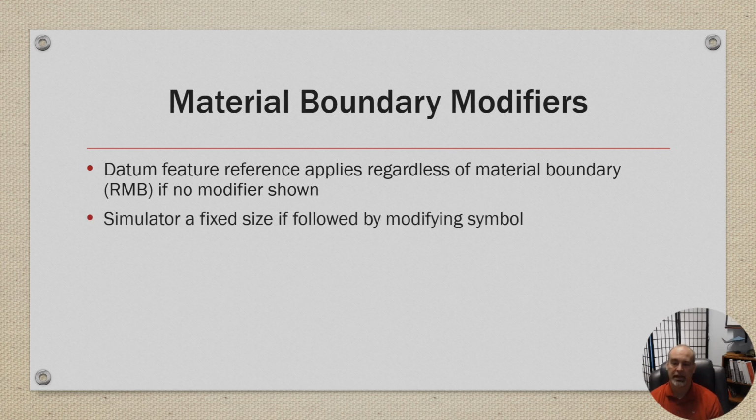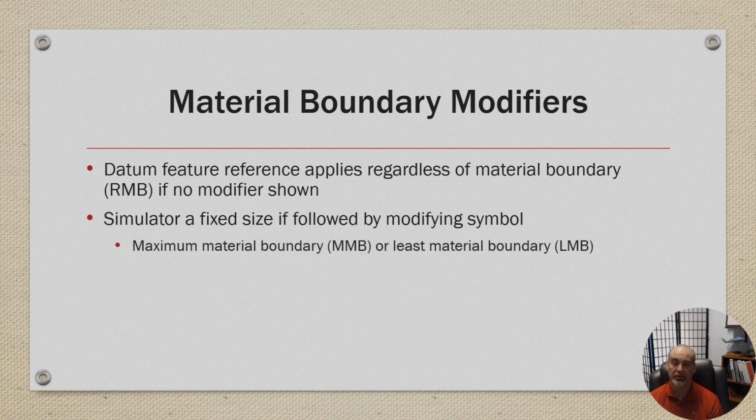Okay, simulator at a fixed size if allowed by the modifying symbols. So at maximum material boundary, or at least at material boundary. So your fixture would need to accommodate the part at those 2 different conditions.